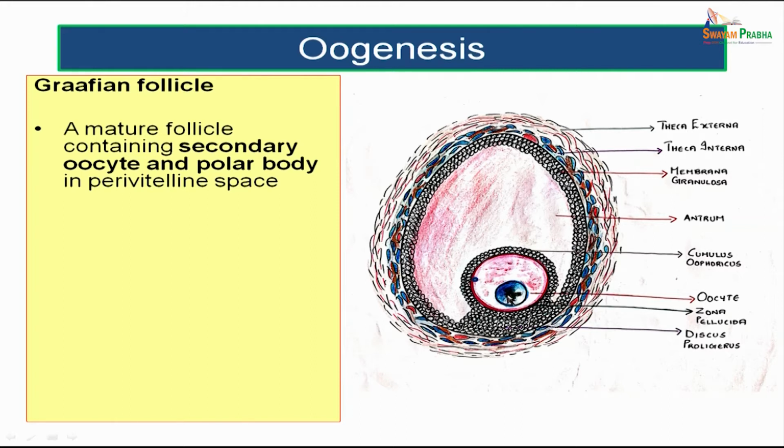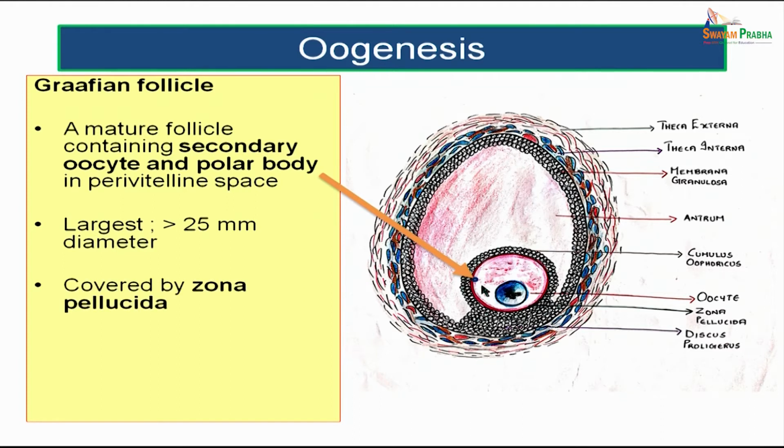So, there will be the formation of a secondary oocyte with a polar body lying in the perivitelline space, and the size of the Graafian follicle is said to be roughly 20 to 25 millimeters in diameter.